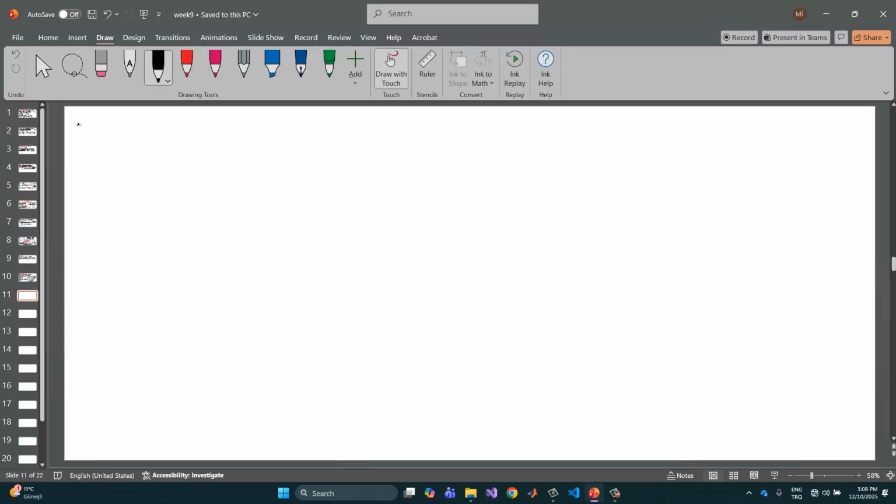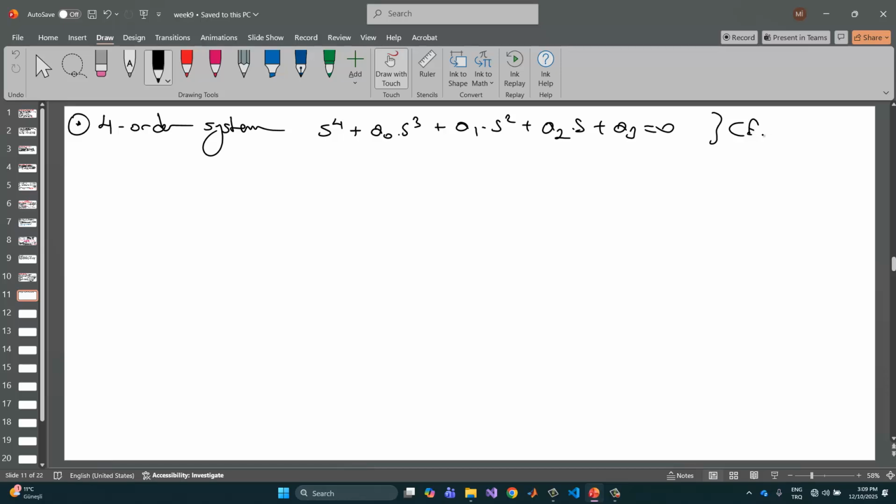For example, if we have a fourth order system like this one, s^4 plus a0 s^3 plus a1 s^2 plus a2 s plus a3 equals 0. This is the characteristic equation, or the denominator of our system right now.